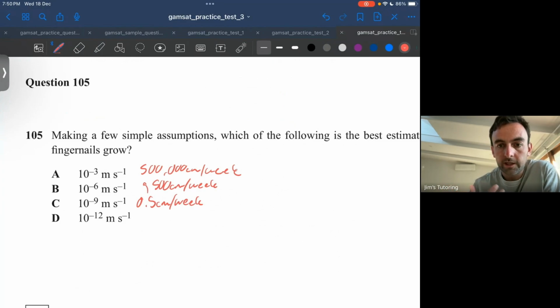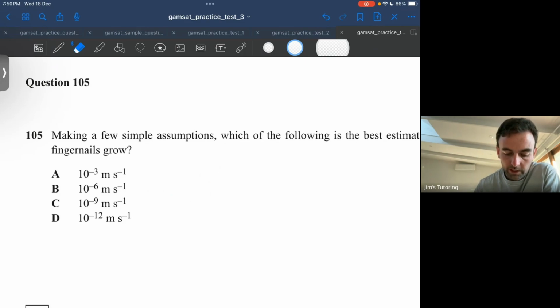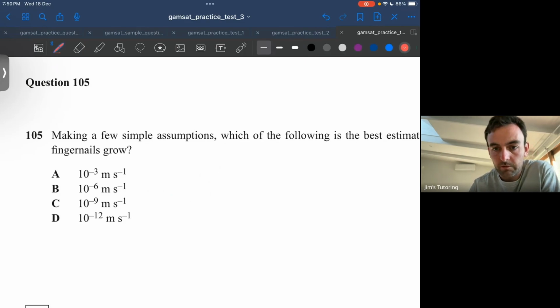There's always going to be a problem to get there. So I think if you're ever needing to use unit conversion, which you will, it's because they will give you dodgy units that you need to get into something that you can appreciate, because no one will know instantly just by looking at it how fast your fingernails grow in meters per second, because there's no way you can appreciate such a large dimension in such a short time frame when they grow so slowly.